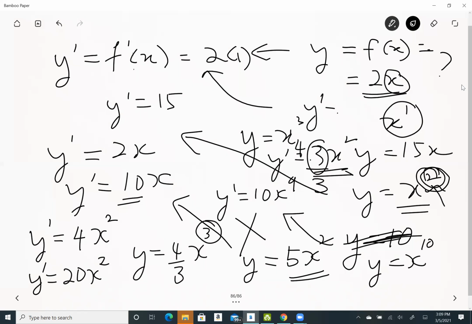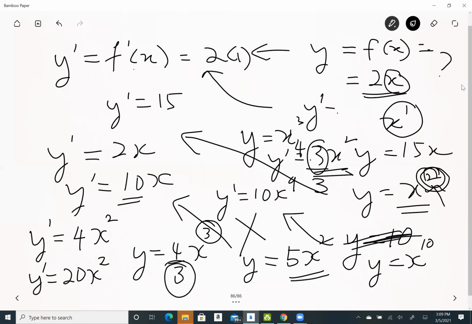So you take the derivative, you get what? I get 3x squared. But I don't want 3x squared. I want 20x squared. So you divide by what? In order to get rid of the 3, you divide by what number? You divide by 3.